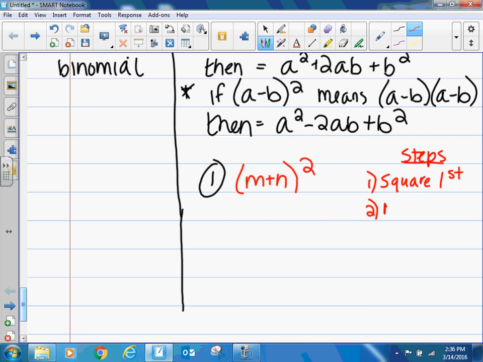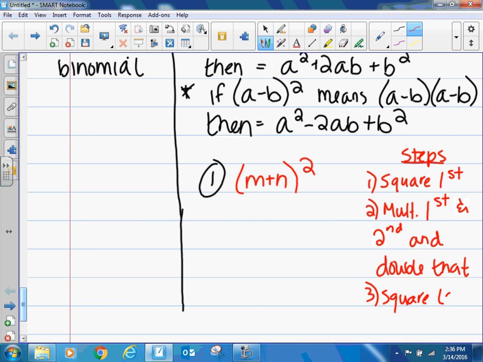Then you're going to multiply first and second and double that. And then finally, you're going to square the last term.